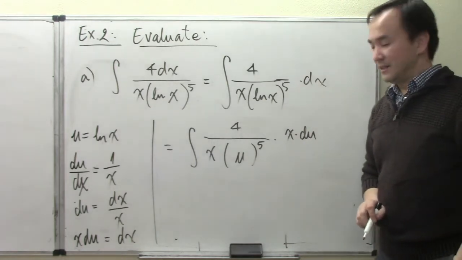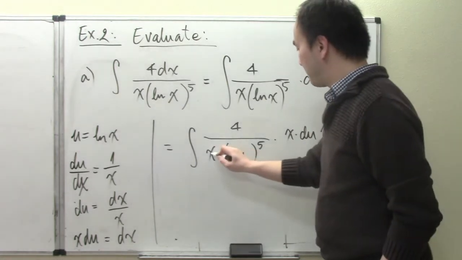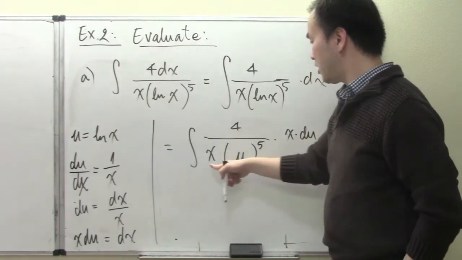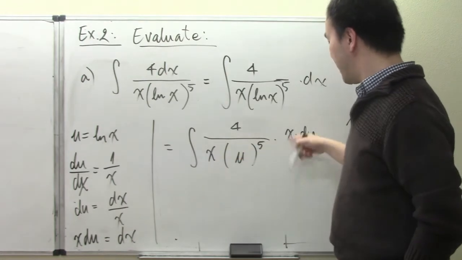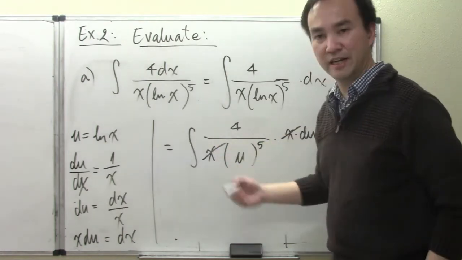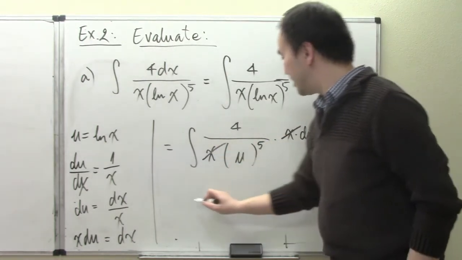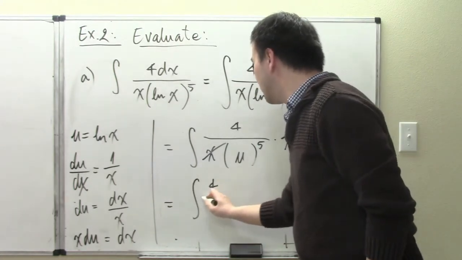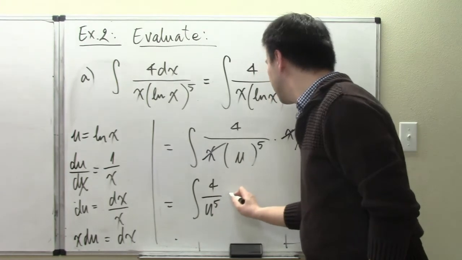Now the worry about not finding a substitution for x is gone because we can cancel that away. And so now my problem simplifies down to 4 over u to the 5th du.